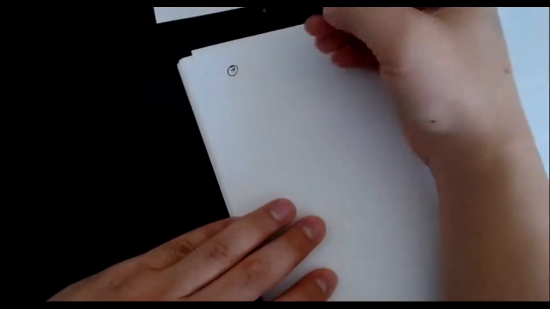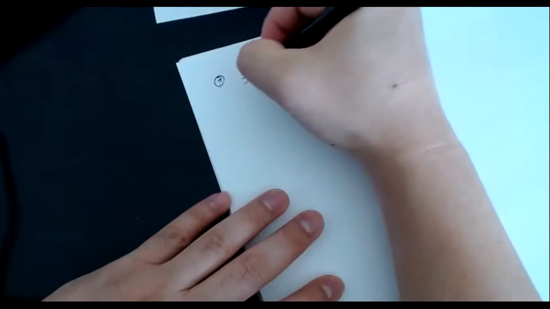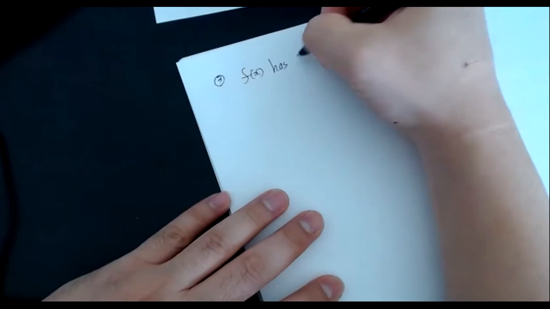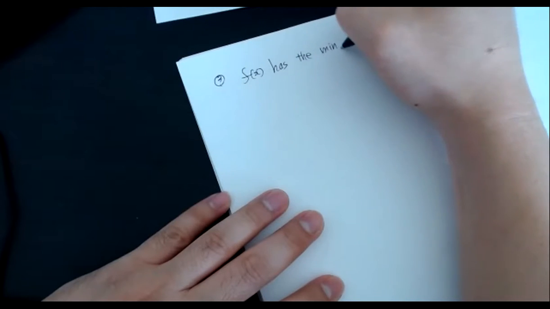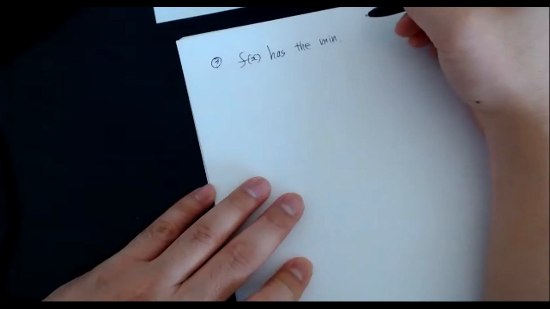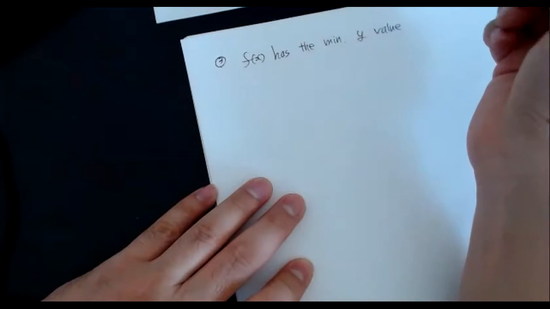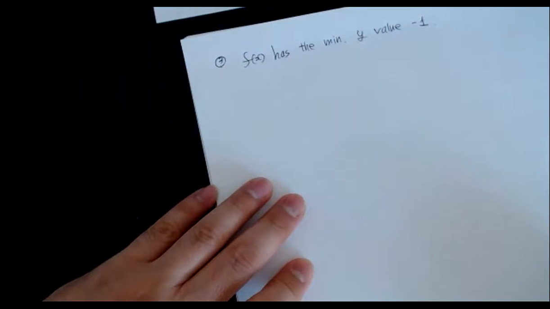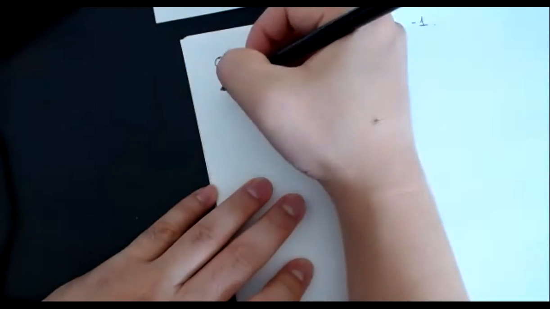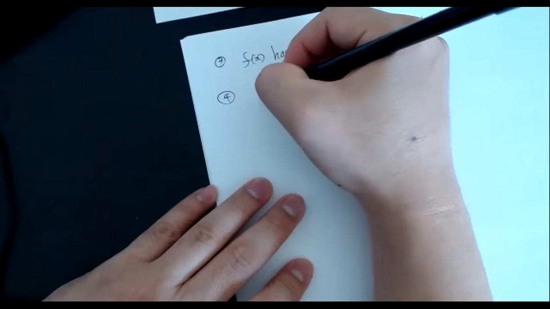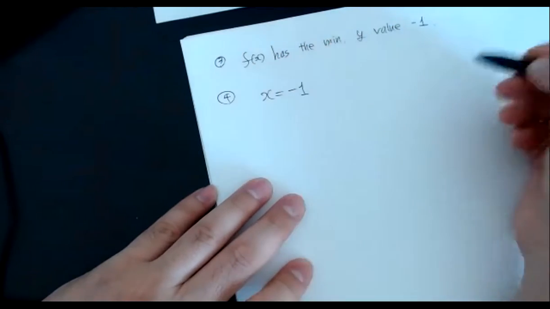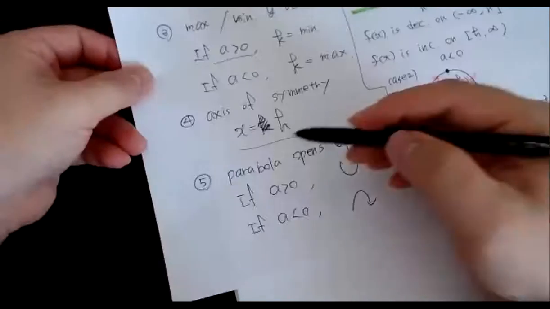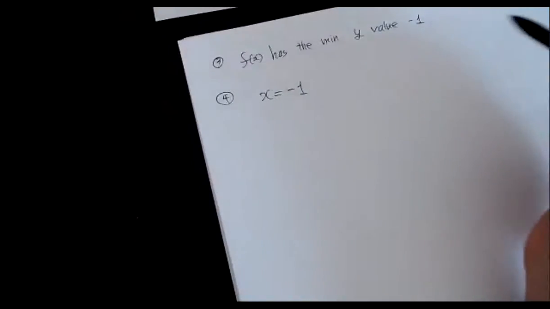Okay, f(x) has the minimum y-value k, which is -1, right? Now for the axis of symmetry, x is equal to -1, right? x equals h, which is -1 in this example.